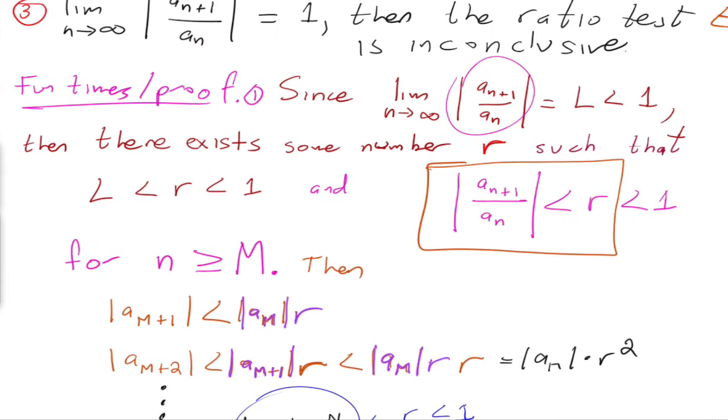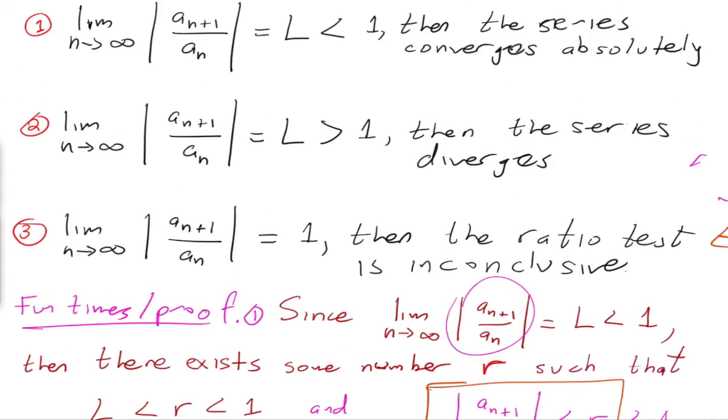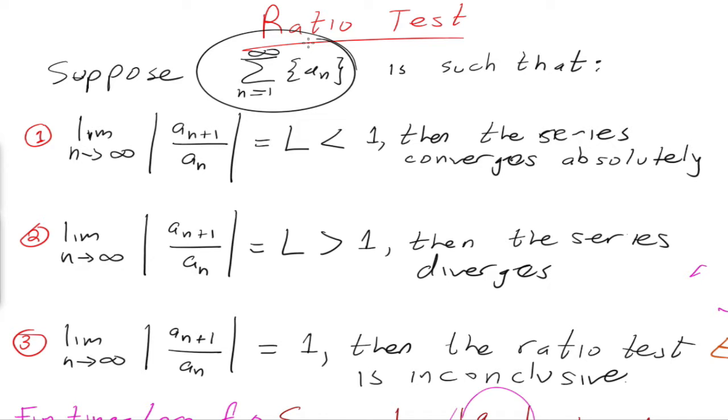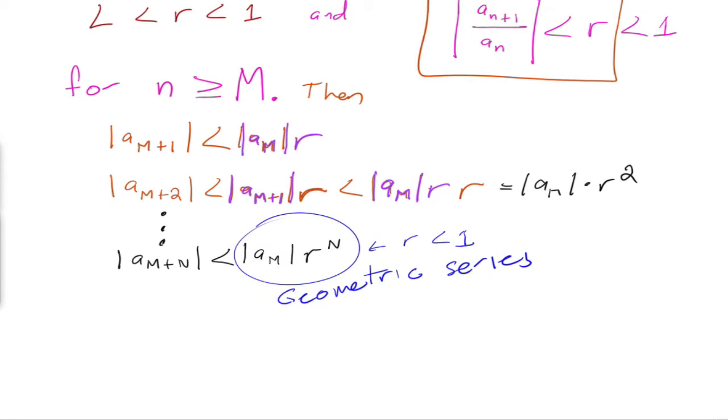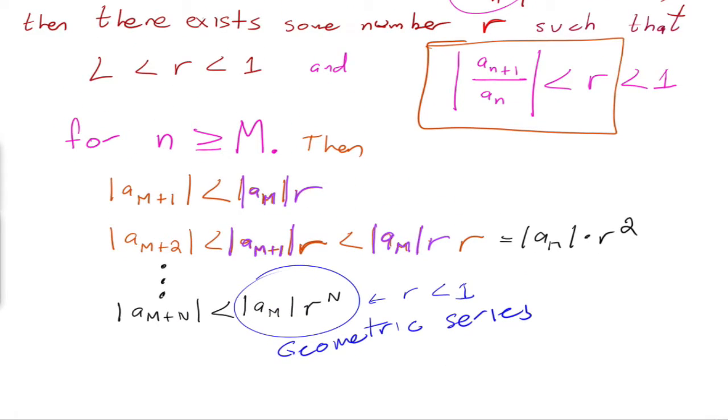Does that make sense? So the series that we're looking at is a sub n. What we've shown is that our series is less than the geometric series. Now, do I worry about the fact that I'm only looking at after m? Because I showed that the series from m on is less than this geometric series.